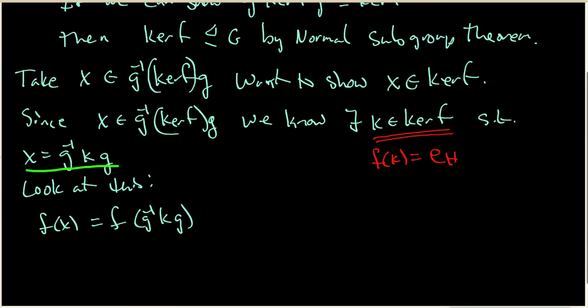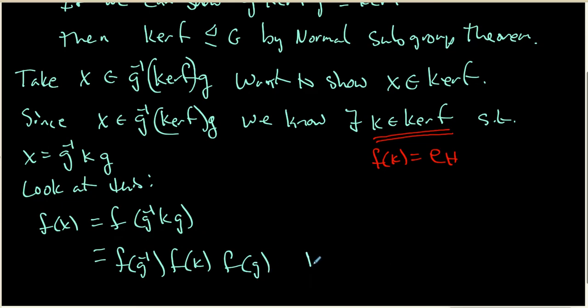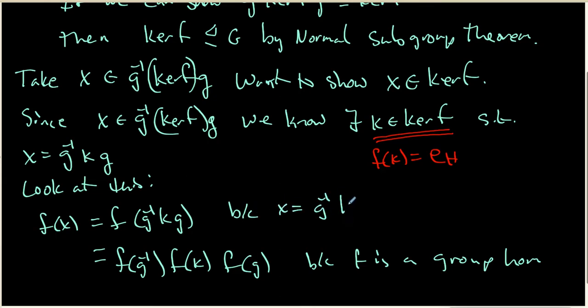Now, f itself is a homomorphism, so this can be broken up into f of g inverse times f of k times f of g. And this is because f is a group homomorphism. I can say this because x is equal to g inverse k g, since we started with x belonging to this set here.